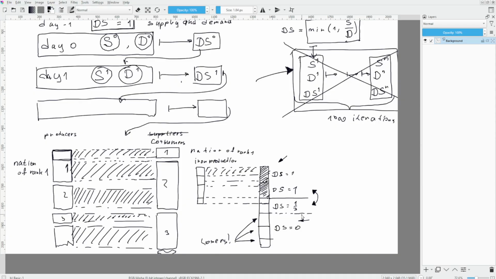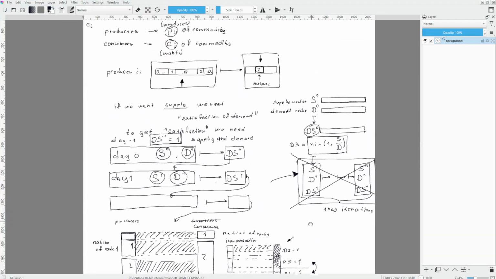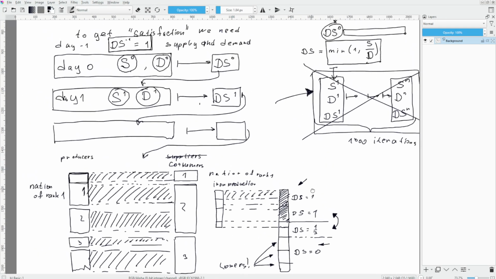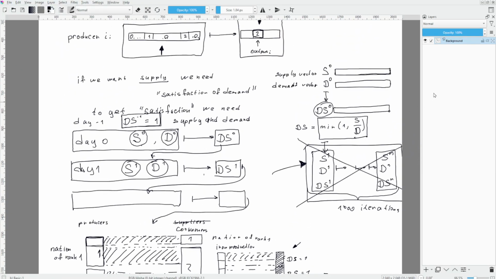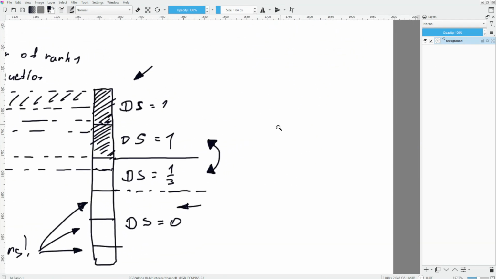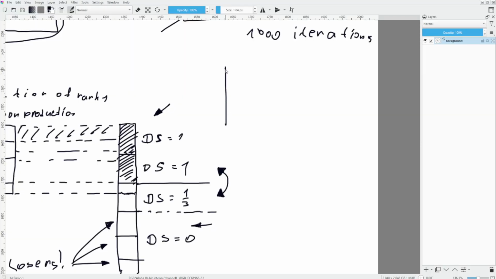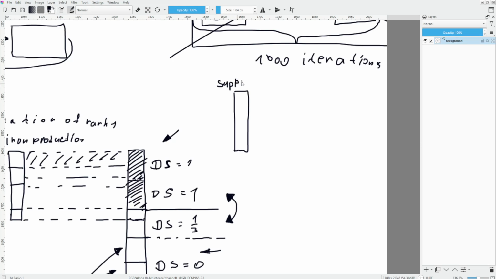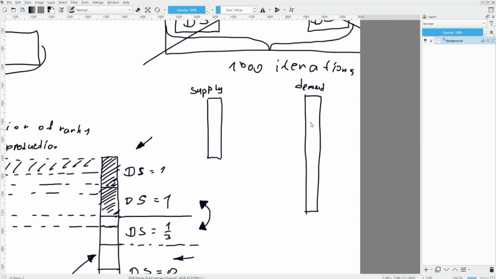What Alice does in the first iteration of Alice is the following. It changes this kind of thing into a bit more different thing. So if you have a certain supplied amount on the market, and we have demand, we don't really have rank influencing supply and demand distribution in this case.